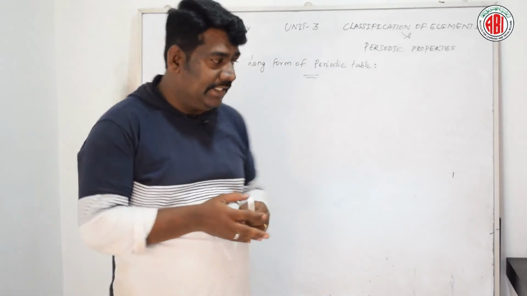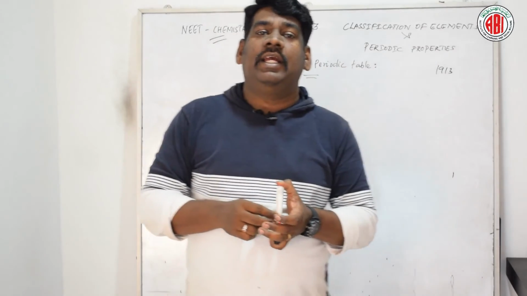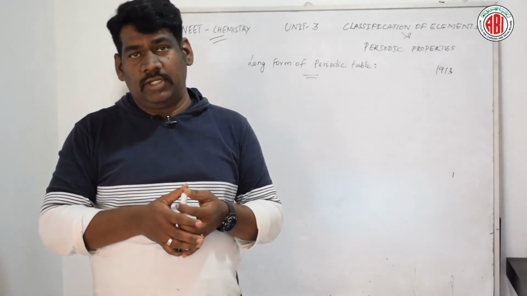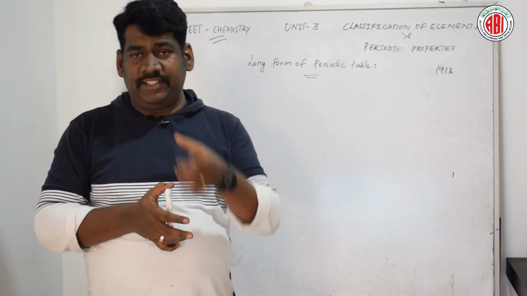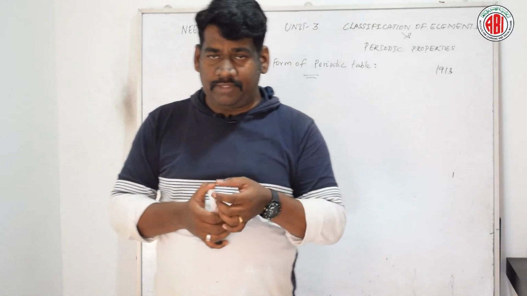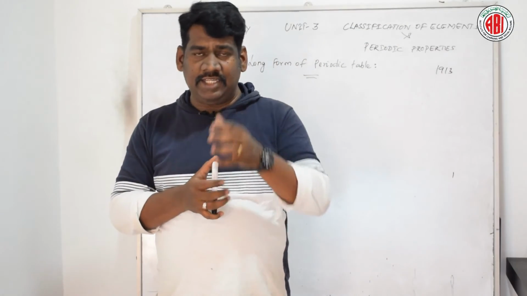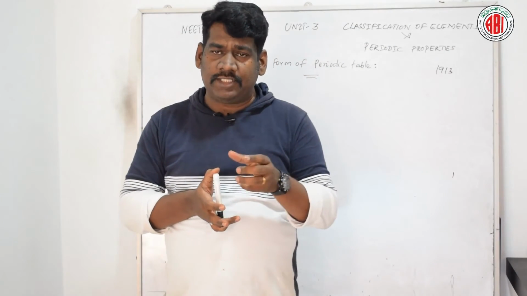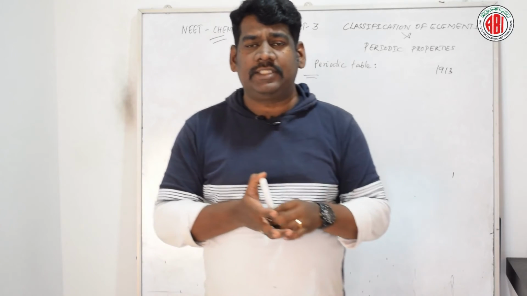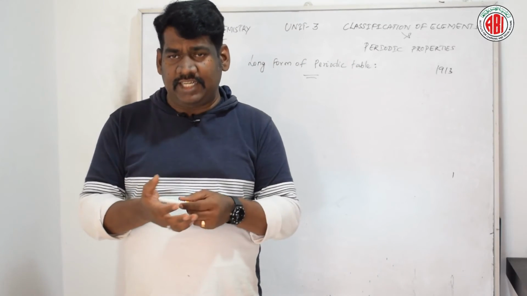In the year 1913, Moseley, a young English physicist, discovered the relationship between X-ray spectra and the atomic number of the elements. According to him, when high energy electrons were focused on a target made up of the elements under study, X-rays were generated.